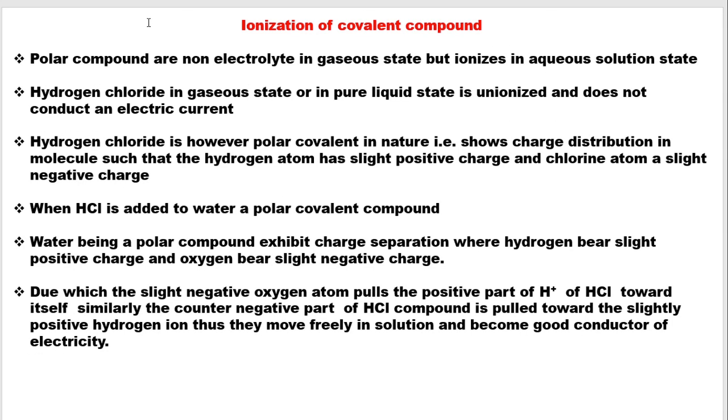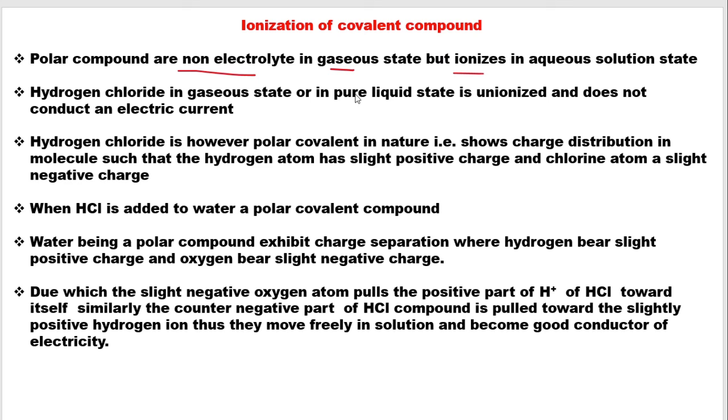Now, in covalent compounds, you first need to do ionization. Polar covalent compounds are non-electrolytes in gaseous state, but undergo ionization in solution state. In gaseous state, they are not free to move about, so they will not conduct electricity. But in solution state, what will happen?